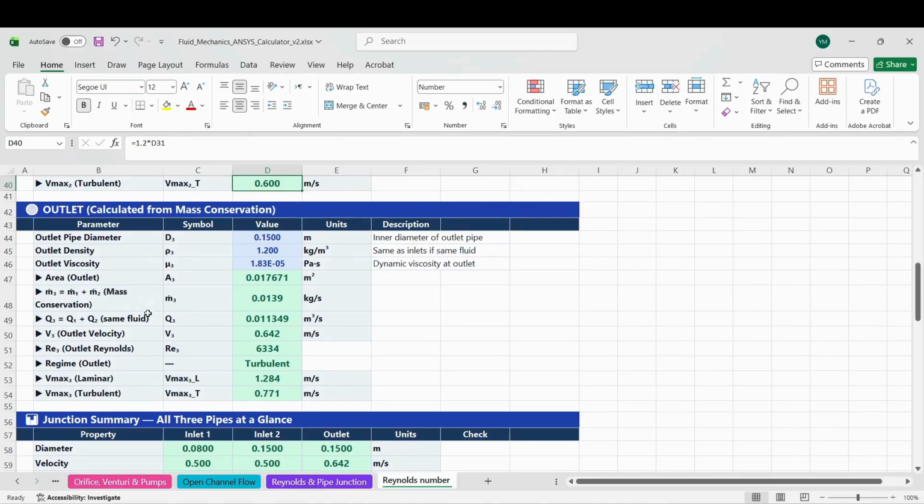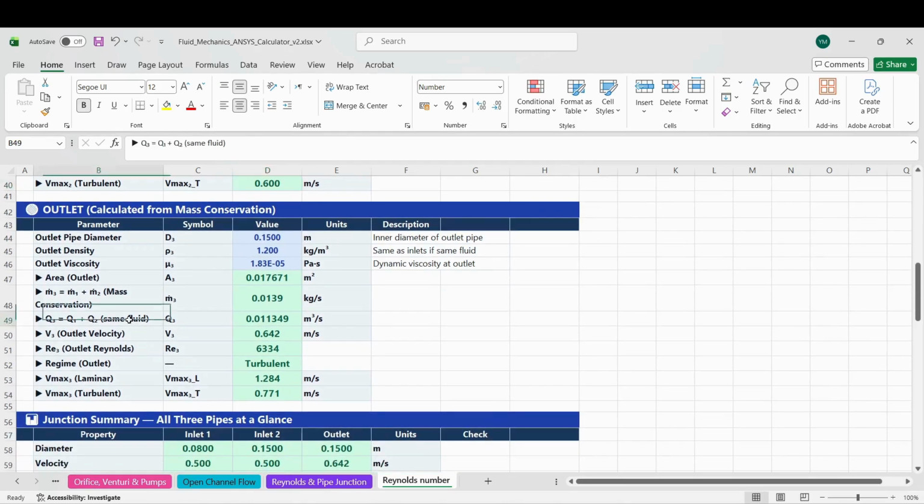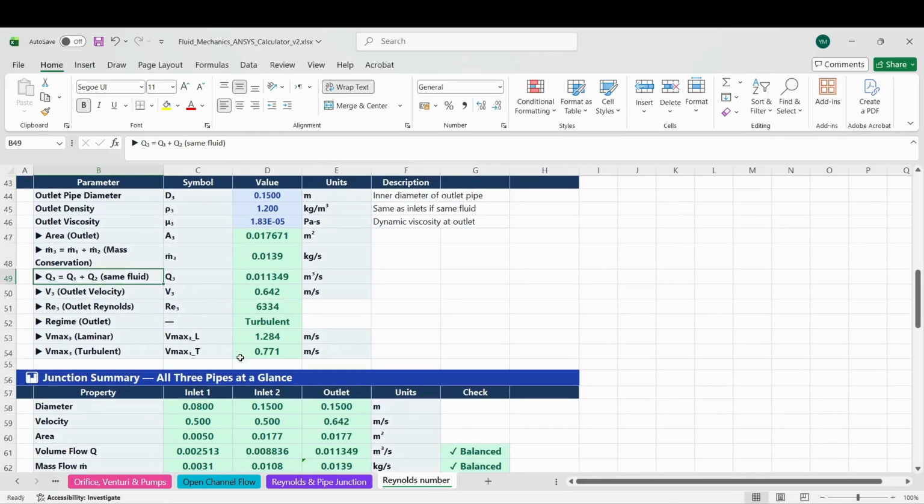For the outlet, because mass is conserved, we are summing the masses. Similar here because we have the same fluid, and this is the number we got, 6000.